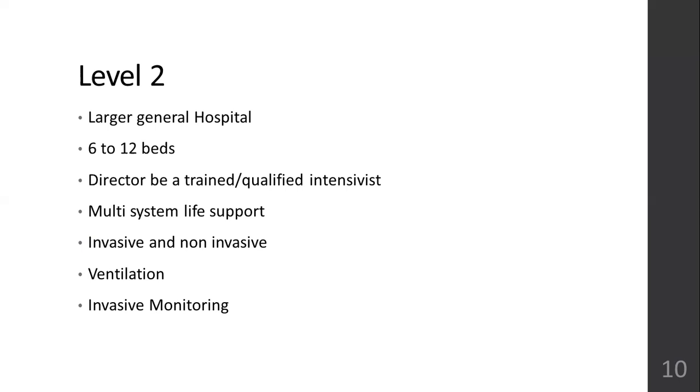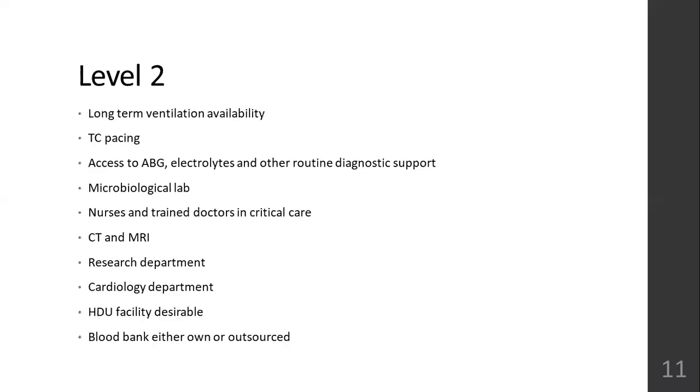A multi-life support system is available. Multi-system failure and multi-organ failure cases can be treated here. Invasive as well as non-invasive methods of monitoring are used. Ventilation is given for more than 2 days, as long as the patient requires. Long-term ventilation is also available.